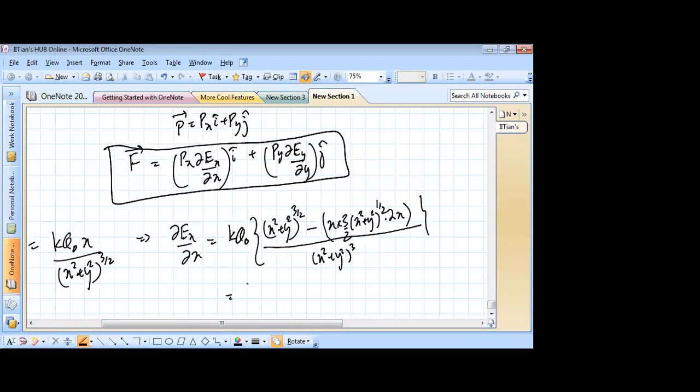So this will become Kq naught. We can take (x square plus y square) to the power half common in the numerator. This will be x square plus y square minus 3x square.